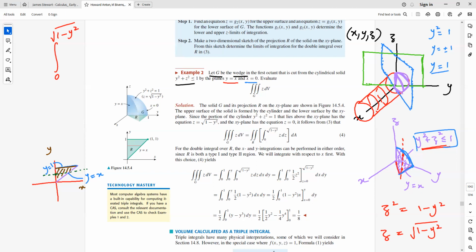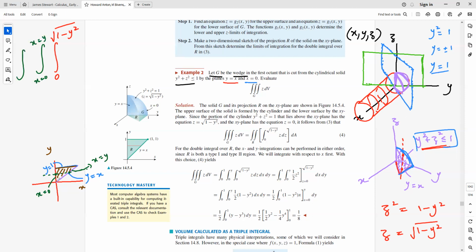Here we have to see the leftmost and rightmost parts cut by this line on this region. The leftmost part is where x equals 0, and the rightmost part is x equals y. So the limit for x goes from 0 to y.